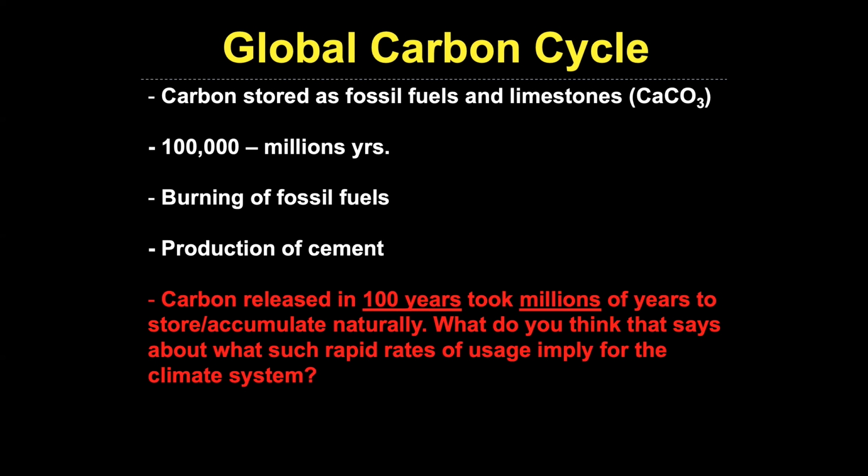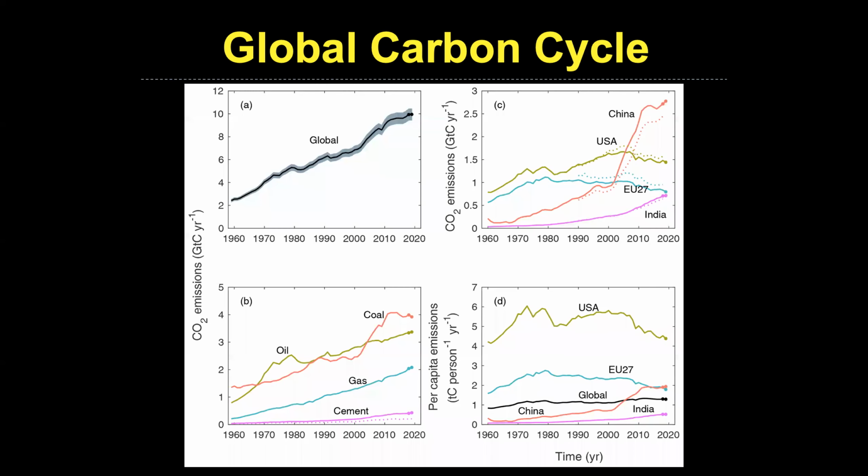And think about it, carbon released in 100 years took millions of years to form and accumulate naturally. So that's why the rapid usage of such fuels has a significant impact on the climate system. That's the whole basic argument of climate change, as we talk about here in the 2020s.